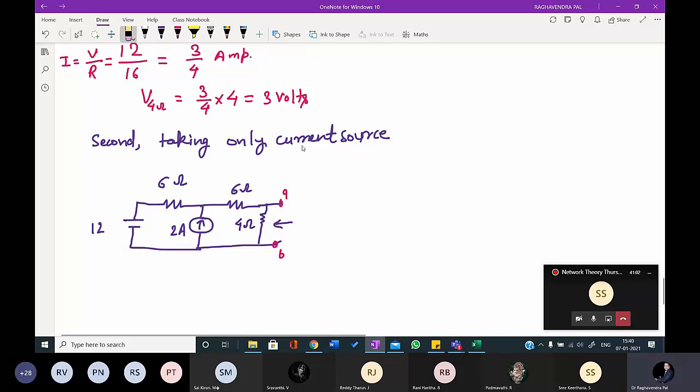Now we will have to take only the current source. So remove this one. But removing this one does not mean open circuit, it will be short circuit. Whenever we remove the voltage source, it is short circuited.